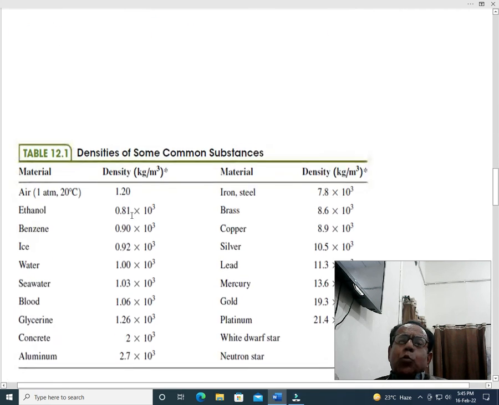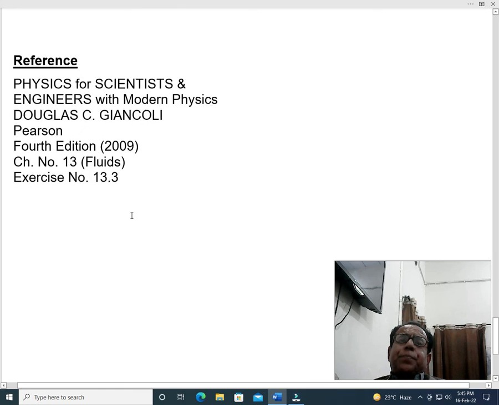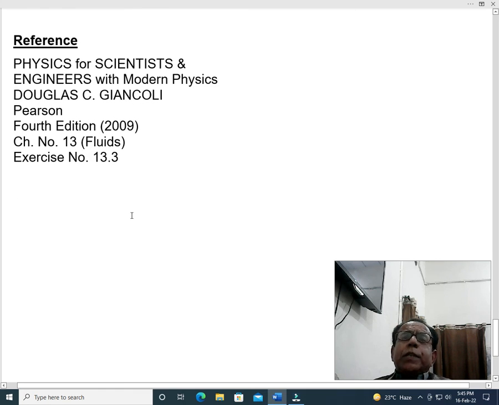However, now we come towards the reference book. Reference book is Physics for Scientists and Engineers with Modern Physics. Its author is Douglas C. Giancoli.